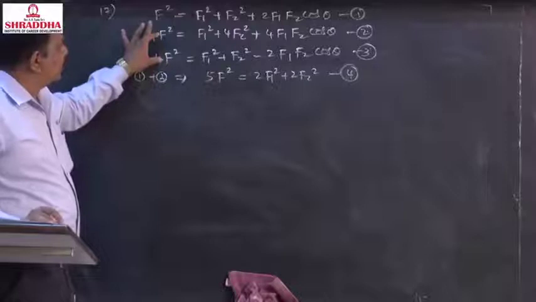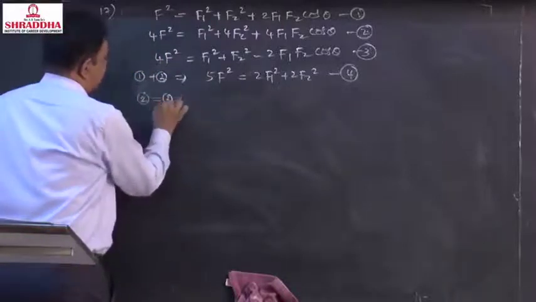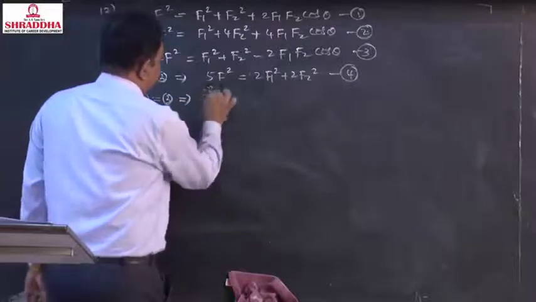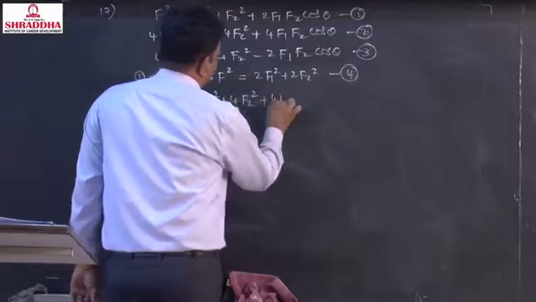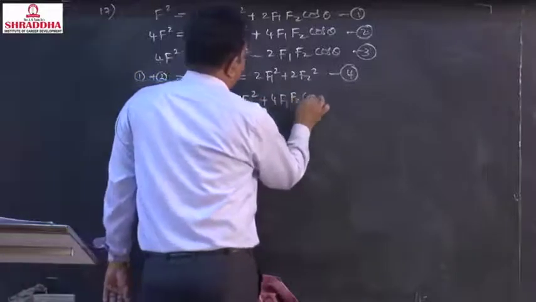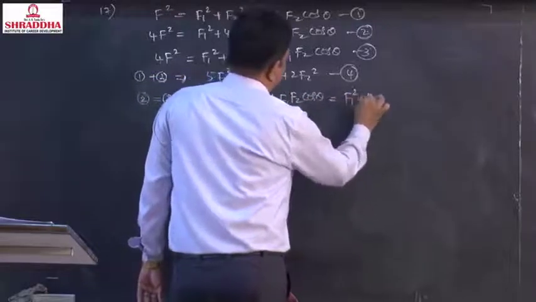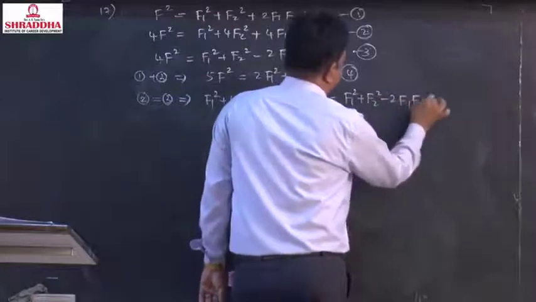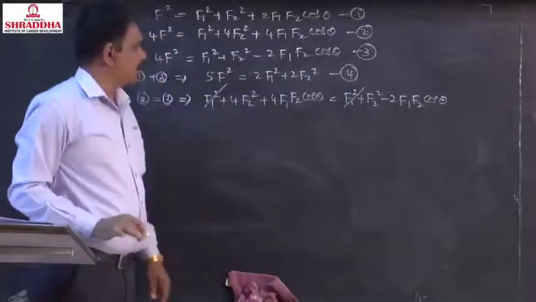Next, 2 and 3 are same, 2 is equal to 3. From that we will get F1 square plus 4F2 square plus 4F1 F2 cos theta equals F1 square plus F2 square minus 2F1 F2 cos theta. These two will cancel.